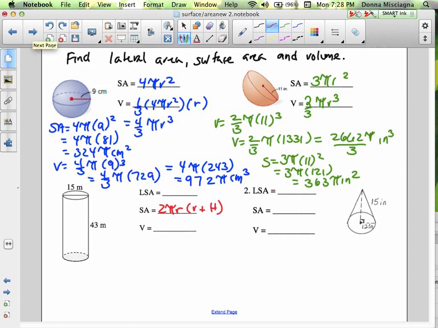The lateral area is just the circumference, which is the length of the rectangle, and the width is the height of the cylinder. So that's going to be 2 pi r, because that's the circumference formula, and then times the height. The volume is the area of the base. It's a circle, so it's pi r squared, and then times the height.